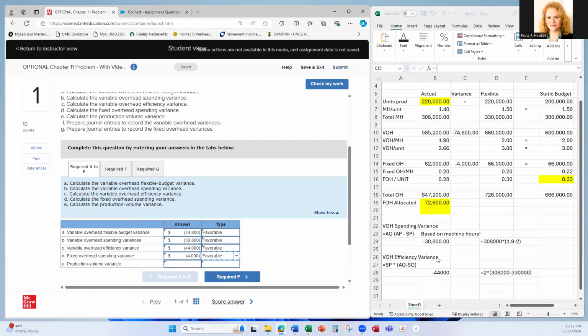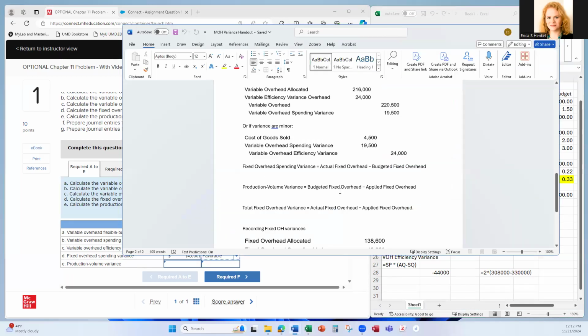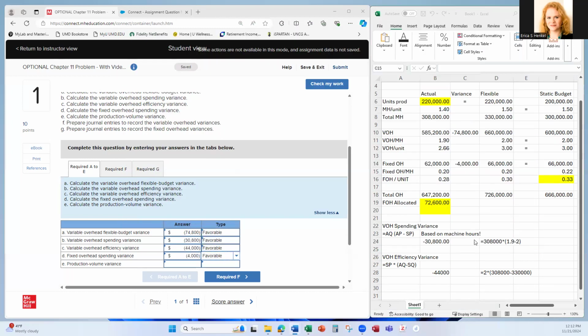Okay, so let's see. Do I have that on my spreadsheet here for you? Hold on. I thought I did. Oh, yeah, here we go. Okay, so going back here, production volume variance: budgeted fixed overhead minus our applied fixed overhead, both of which we already calculated. Oops, I always reflexively type that.